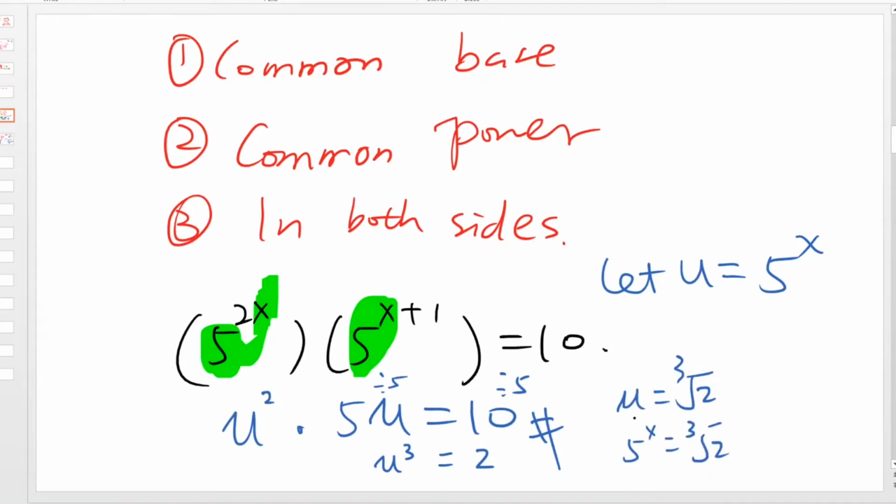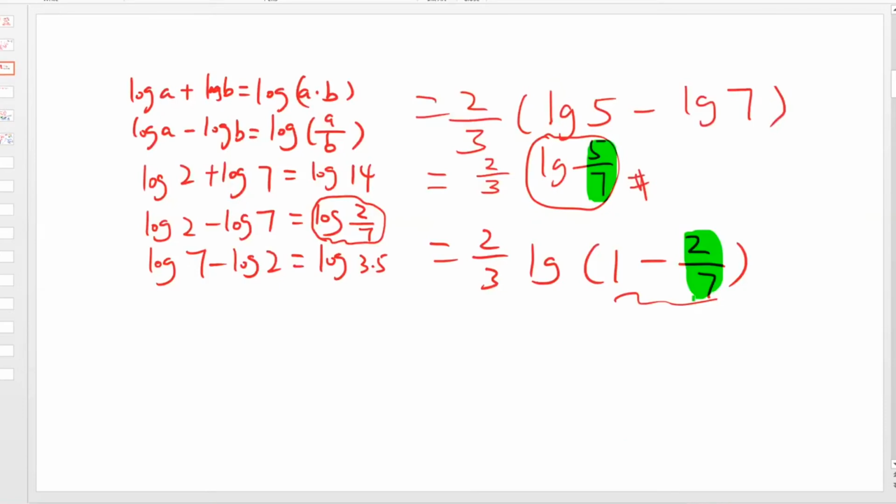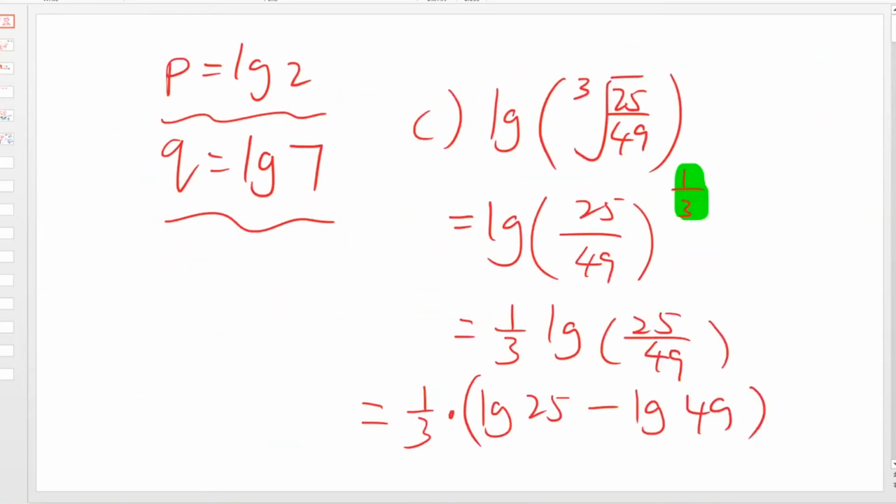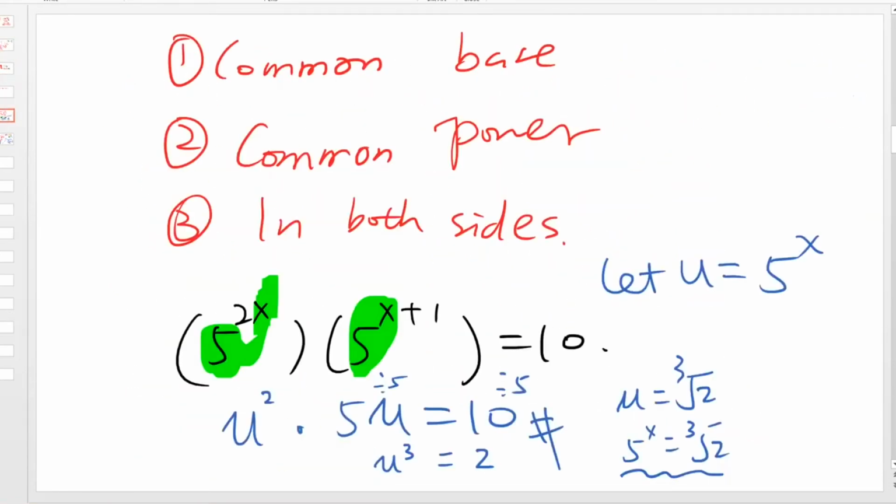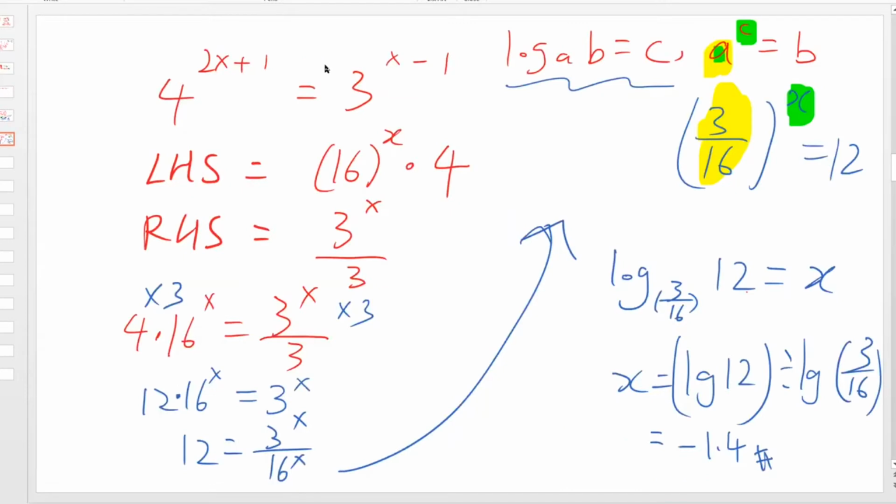This one actually also can use logarithm, right? For the u cube equals to 2. So when it comes to this part, it is using this formula. In fact, this formula is used very often.